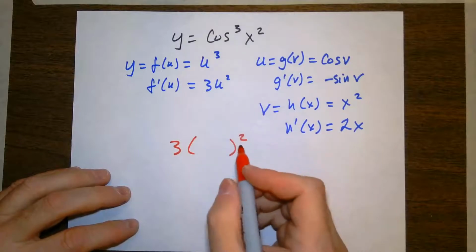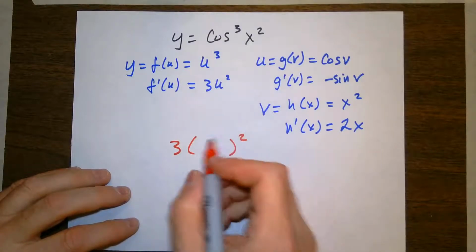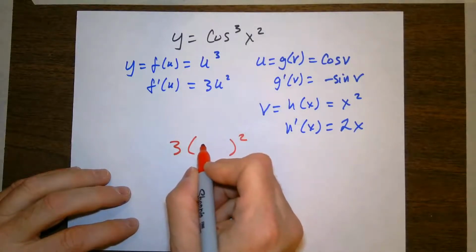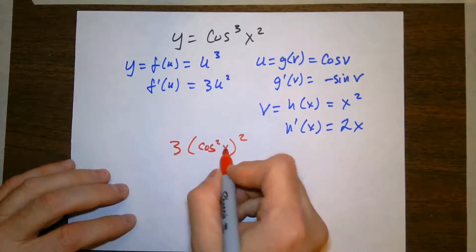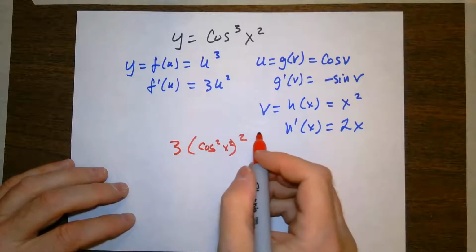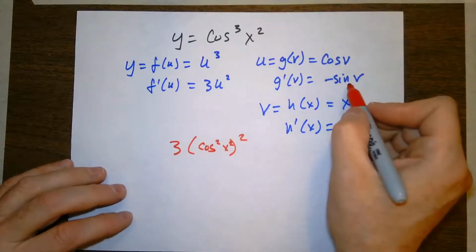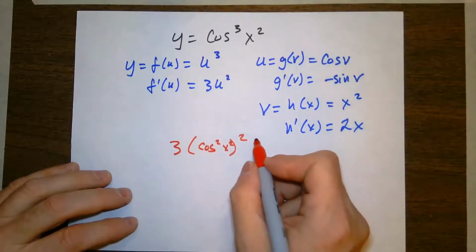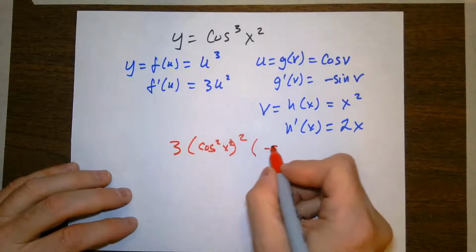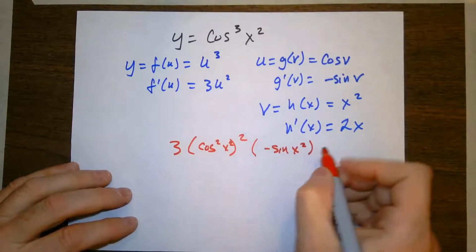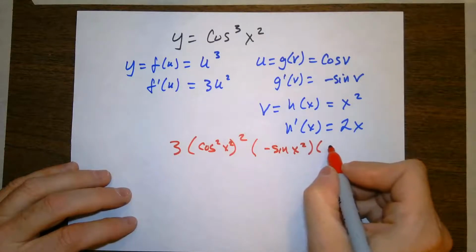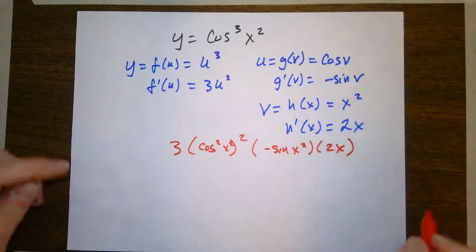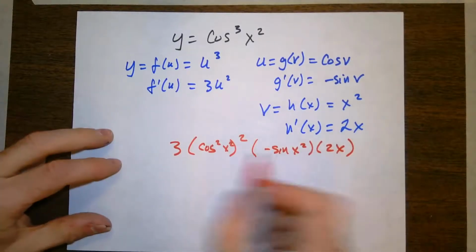It's going to be the cosine squared of x squared, times the derivative, which is going to be negative sine x squared, times 2x. Oh gosh, let's clean this up a little bit.